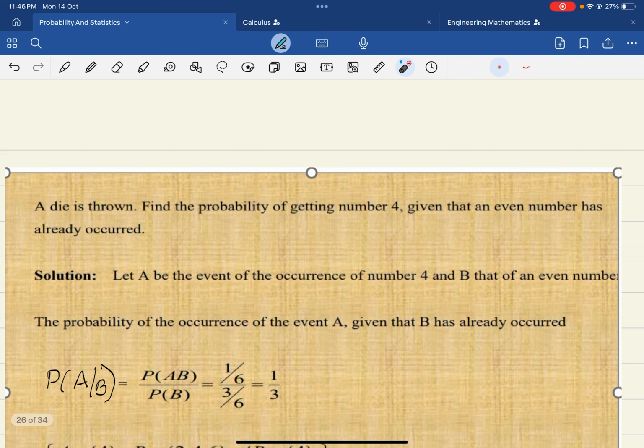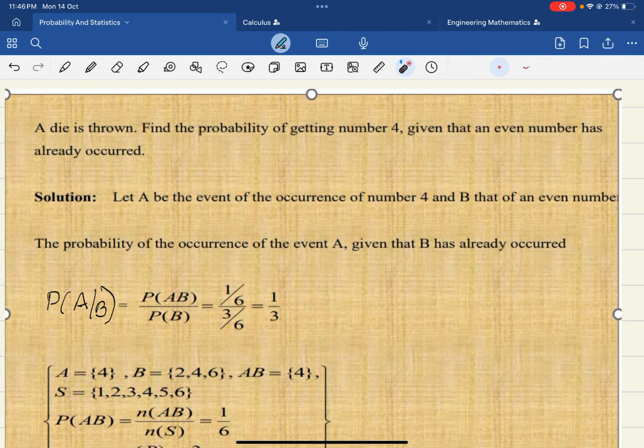So let us now start the problem. A die is thrown. Find the probability of getting number 4, given that an even number has already occurred. We know the die is rolled, and the even number has already occurred.